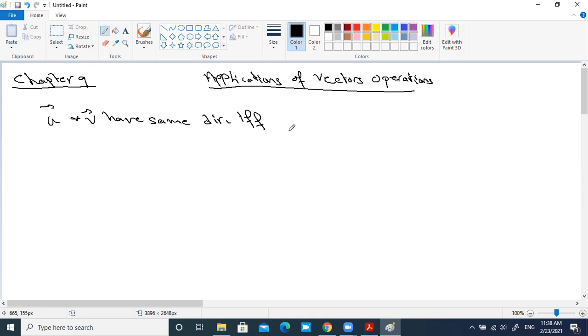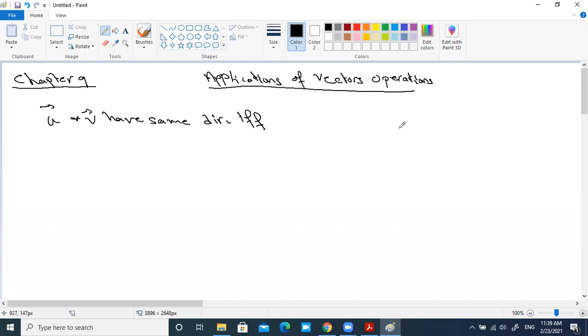What property did we state about two vectors having the same direction? If u equals k v, where k is a constant. Right. I was saying, Ribal, what property we stated about two vectors having the same direction?